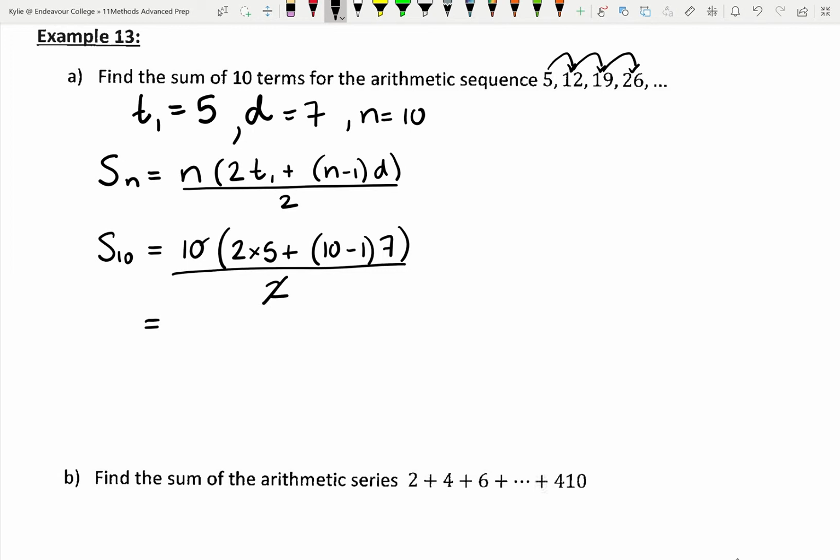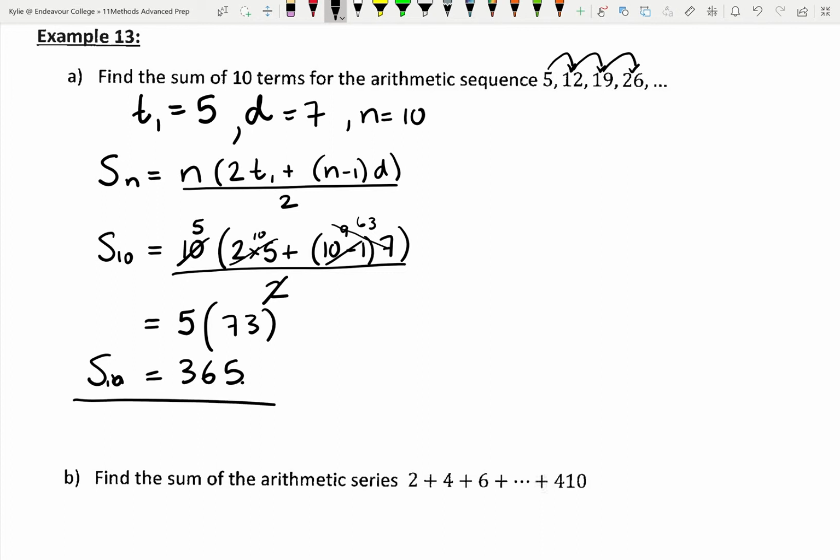That 2 is going to cancel with that 10 to give us 5. So it's going to be 5 outside of 2 times 5 is 10, 10 minus 1 is 9, 9 times 7 is 63, 63 and 10 is 73. So 5 times 73, which is 365. So S10 is 365.